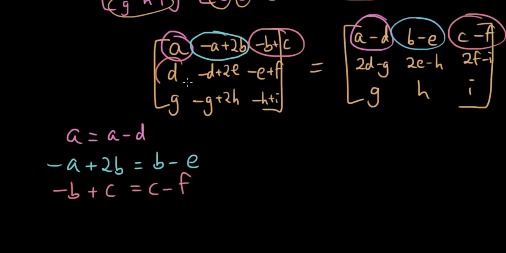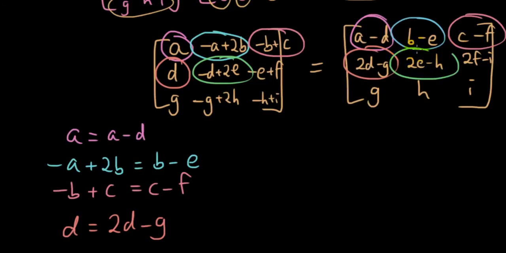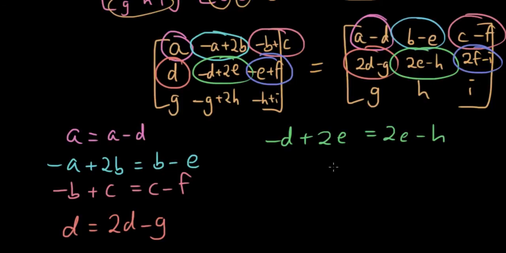Okay, then I have d equals 2d minus g. Then I have, it's going to be quite a few, negative d plus 2e equals 2e minus h. And then I have negative e plus f equals 2f minus I. I know this looks really hard at the moment, but later on it's going to be pretty easy.